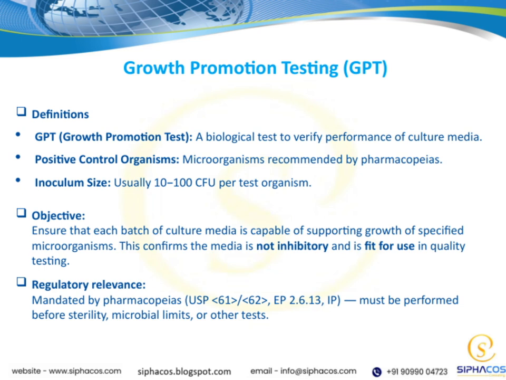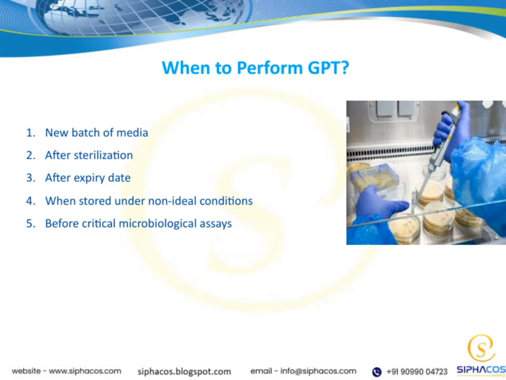Pharmacopoeias such as USP, EP, and IP require this step before conducting sterility tests, microbial limits, or other microbial assessments. In summary, GPT is a crucial part of quality control, ensuring our media are up to standard and reliable for accurate testing.